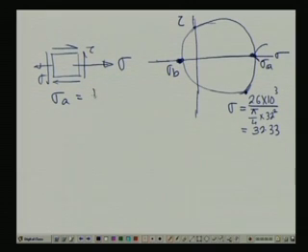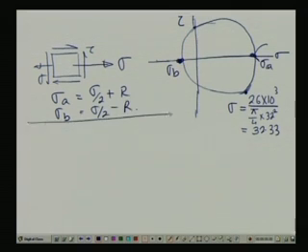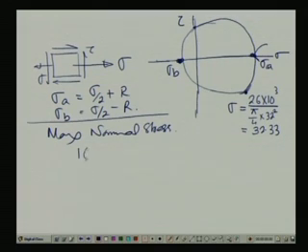Now, we know that sigma A comes out to be sigma by 2 plus R, sigma B equals sigma by 2 minus R. So, if we consider first the maximum normal stress theory, that will give you 16.16. What is maximum normal stress?